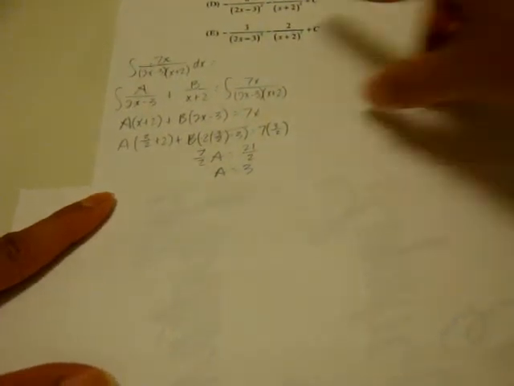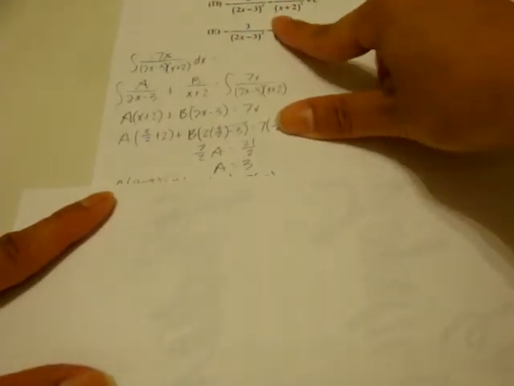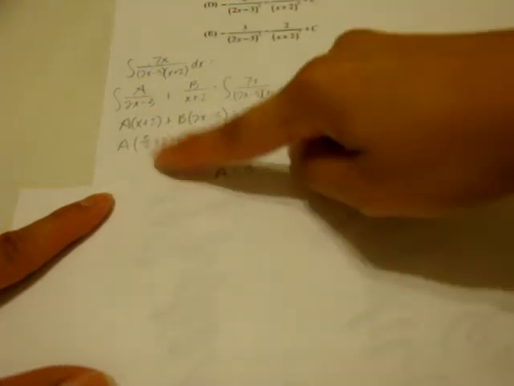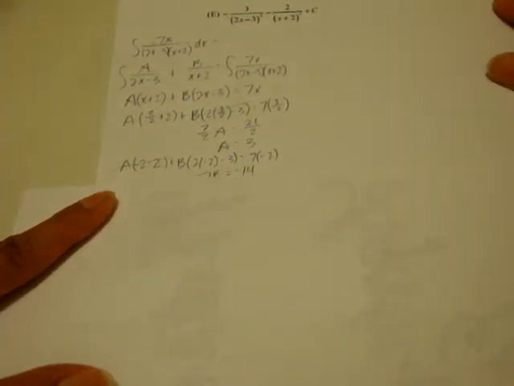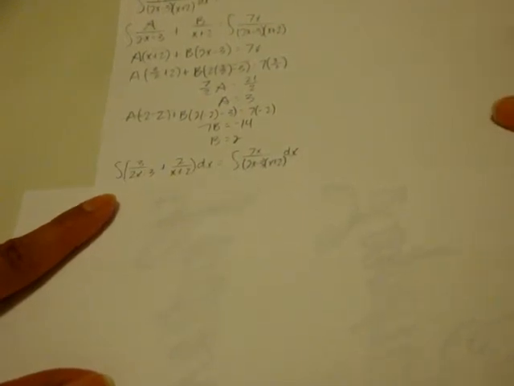And then we do the same for solving for B, so we plug in something that would make A cancel out, and that would be -2. If we plug in -2 for all the x's, we get -7B equals -14. So B equals 2.